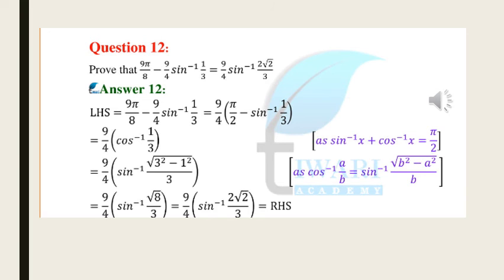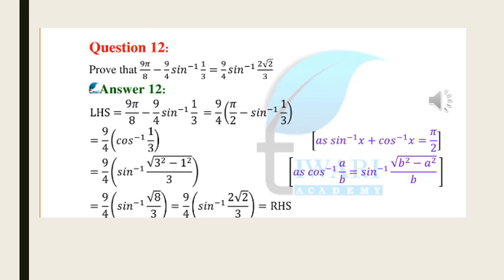Question number 12. Prove that 9 pi by 8 minus 9 by 4 sine inverse 1 by 3 equals 9 by 4 times sine inverse 2 root 2 by 3. Different methods are available. One of the methods is, from the first 2 terms of the left hand side, you take 9 by 4 out.